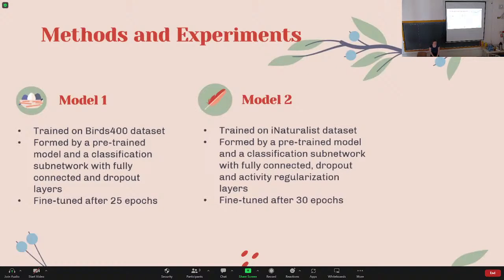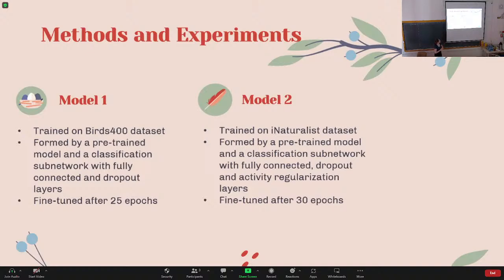Going further with the methods and the experiments, I created two models, one for each dataset. In the preliminary phase, I did some experiments with more pre-trained architectures, but I decided to go further with Inception V3 as it generated the best results.